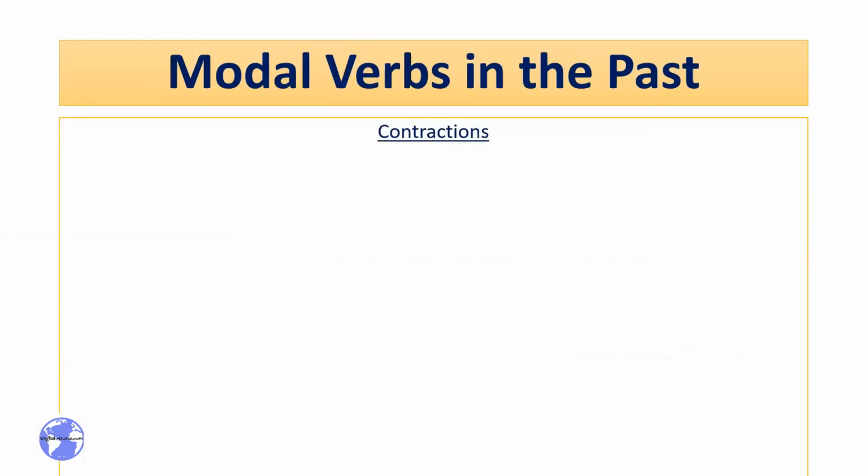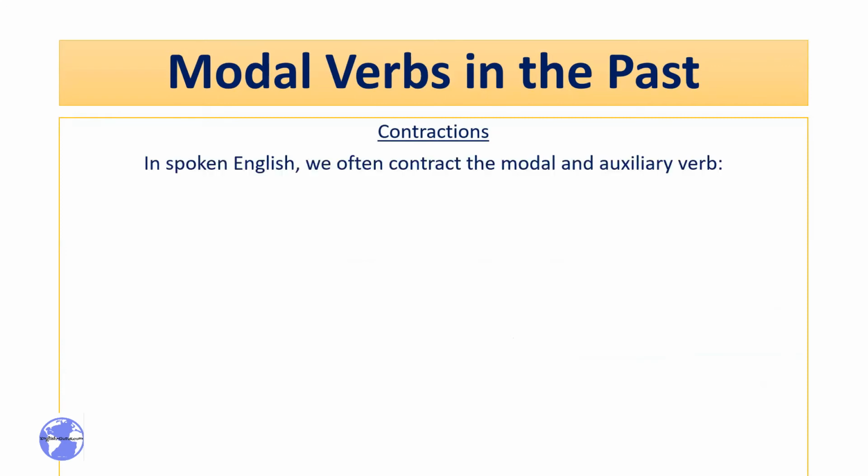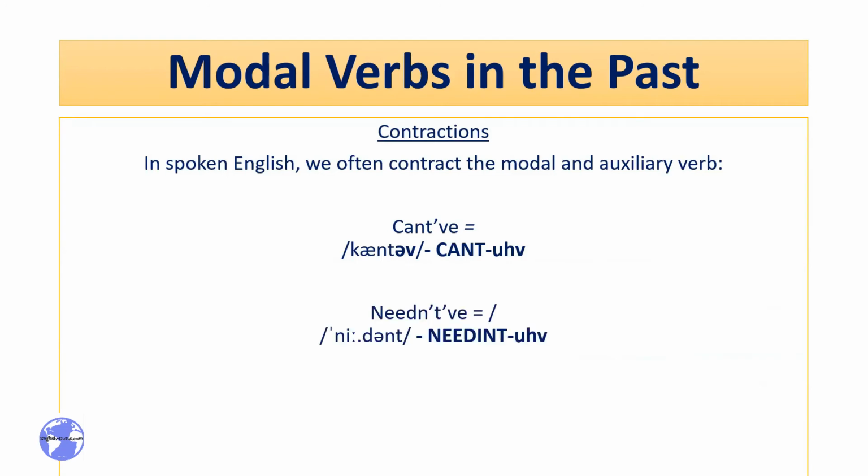When we pronounce must have, needn't have, couldn't have in the past form, we often contract the sound. So it sounds like this, can't have. Repeat after me, can't have. Needn't have.